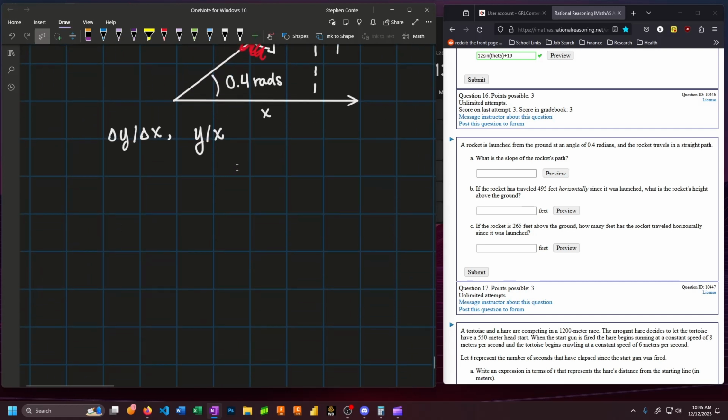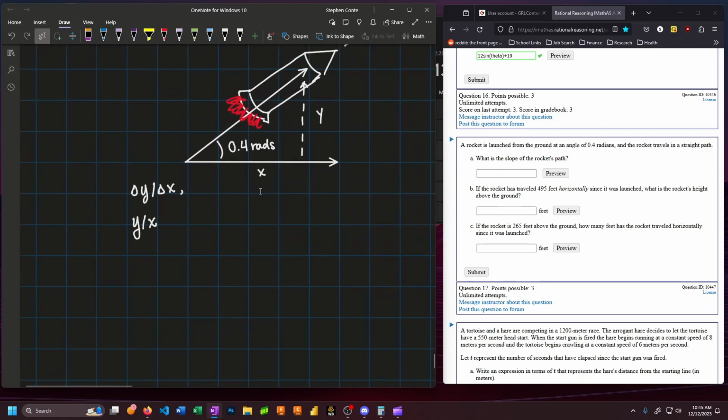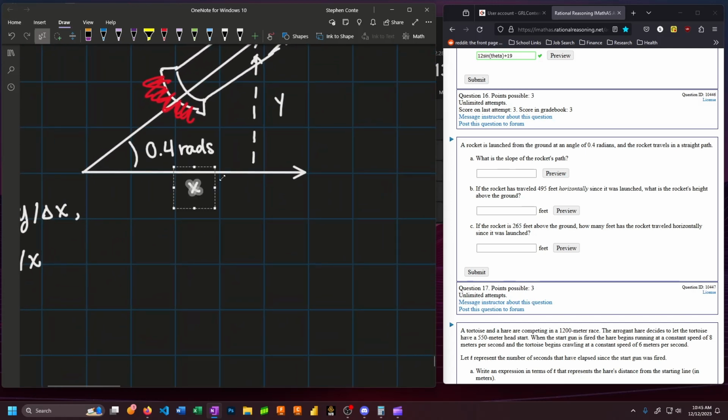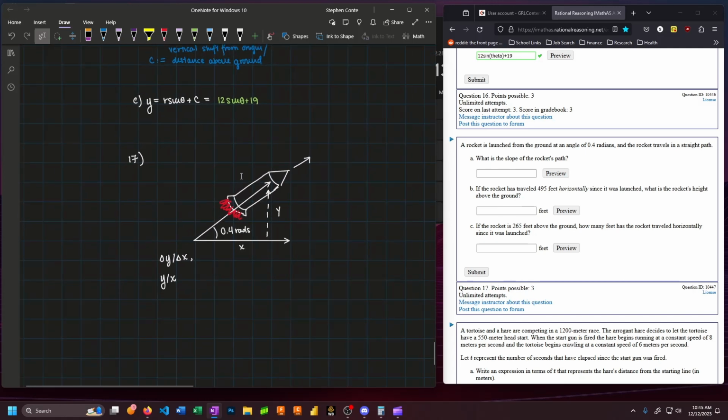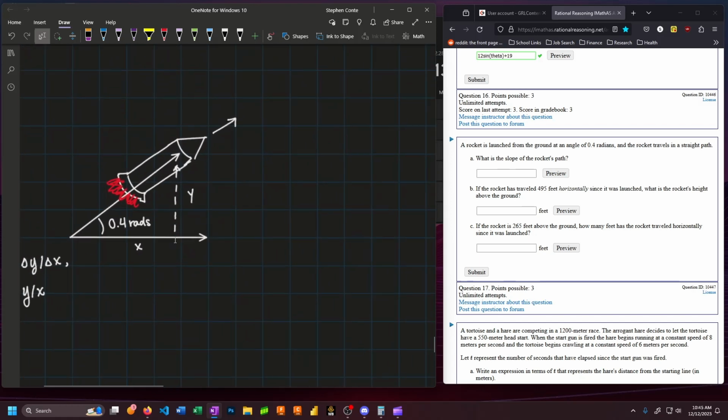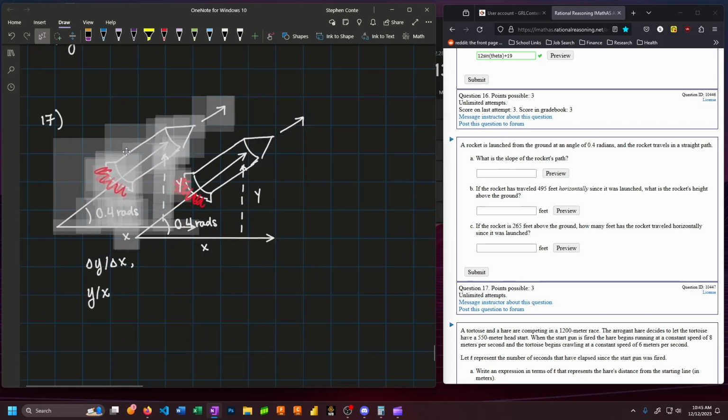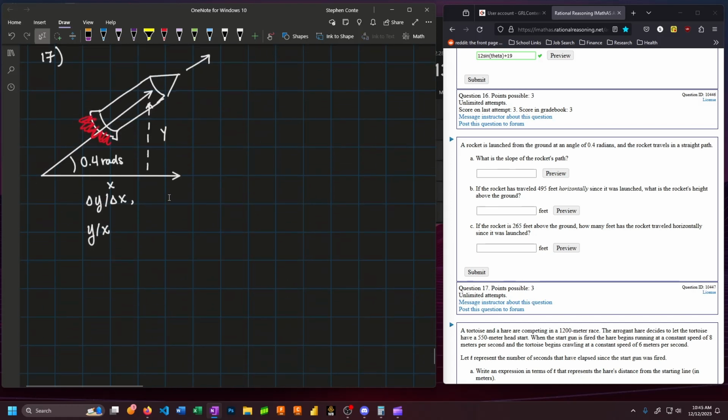Then I would need to figure out how to find what these x and y values are. How do I plug them into the function, or how do I plug them in using the fact that we have an angle swept out at 0.4 radians to then figure out the slope?